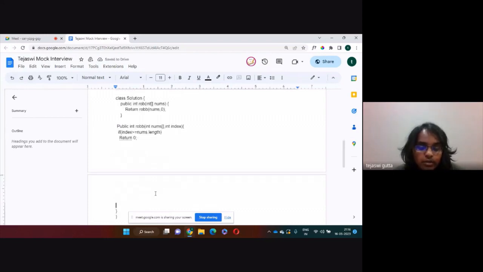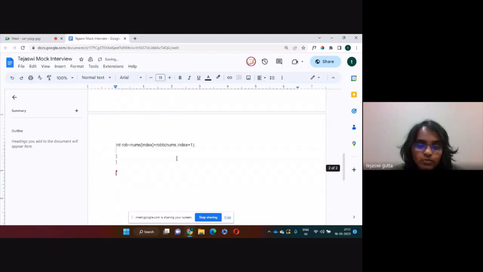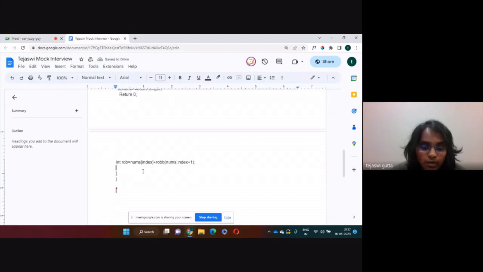And if not, I'll have two cases: I'm robbing the current house, and I'm not robbing the current house. So int rob is equal to nums of index plus rob of nums and then index plus 1. So this index plus 1 would help us move forward in the nums array.